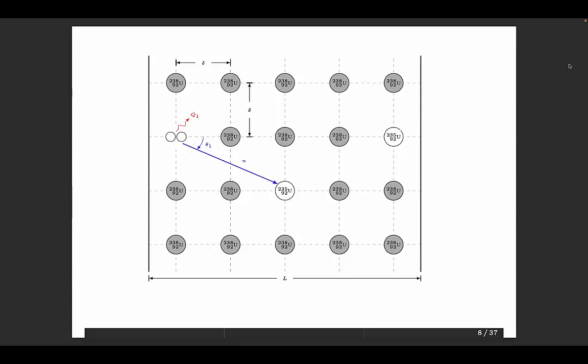What I'm showing here is one of the prompt neutrons, and with some probability, this neutron will reach this other uranium-235 isotope inside the material. Note that in order for this neutron to impinge upon another 235 isotope, it's dependent upon the ratio of the 235 to 238 isotopes within the material, i.e. the purity. Let's say that this neutron gets absorbed, becomes the 236 isotope, which is excited.